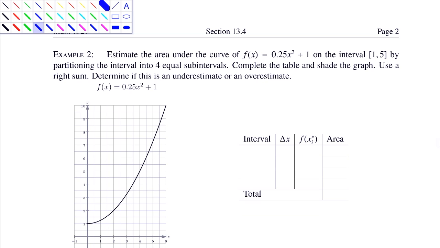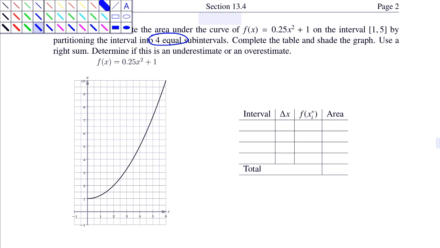But we're going to work our way up to 4 equal subintervals. So if I need to divide the interval from 1 to 5 into 4 equal subintervals, what is the partition? So it starts with 1 and it has to end with a 5. So what numbers do we use in the middle if we want 4 equal subintervals?